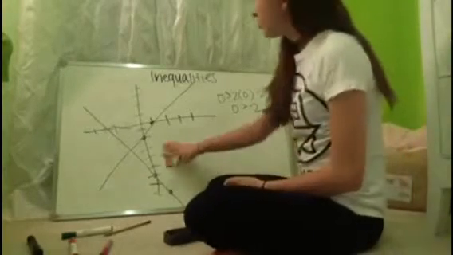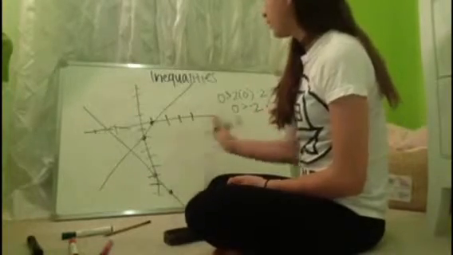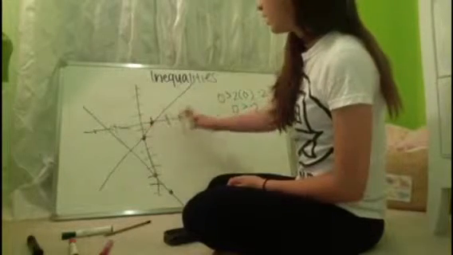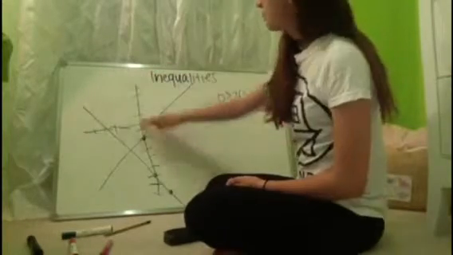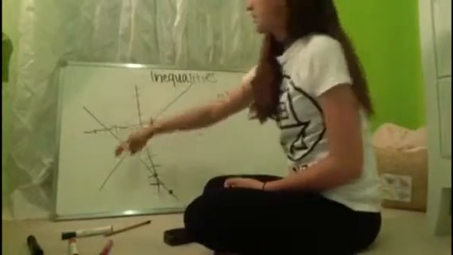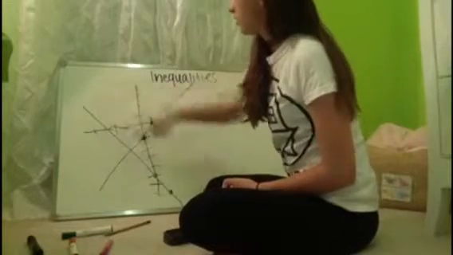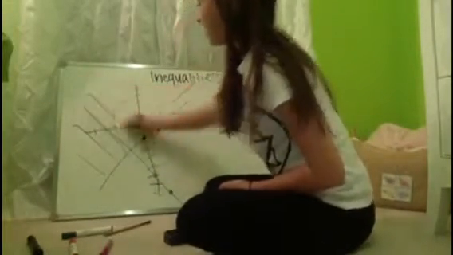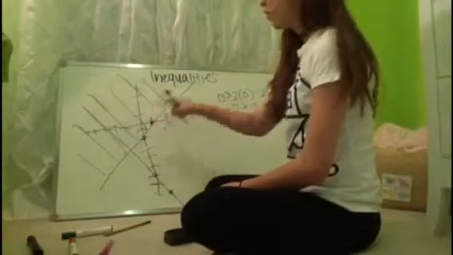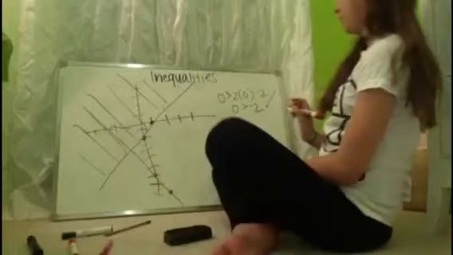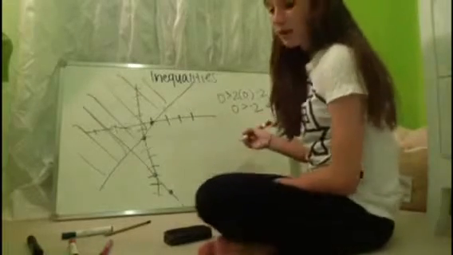And the way you show this on the graph is by shading the side with the origin, so left in this case. You shade in all of that because you know any point that you plot here will satisfy that inequality.